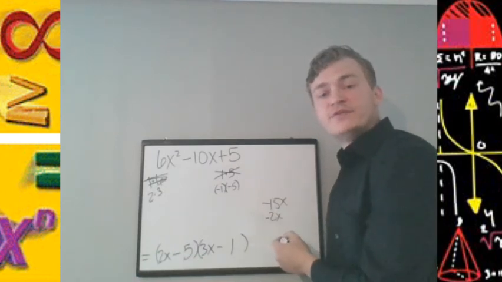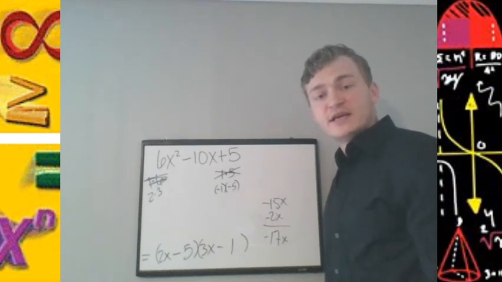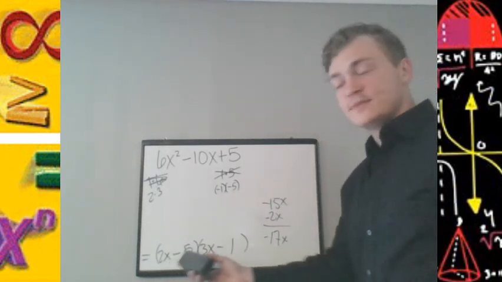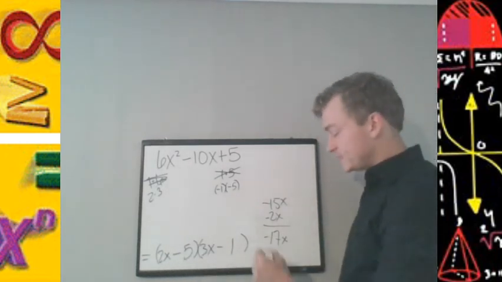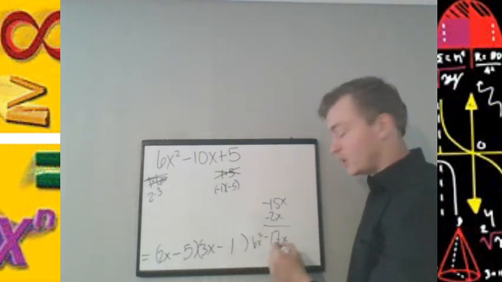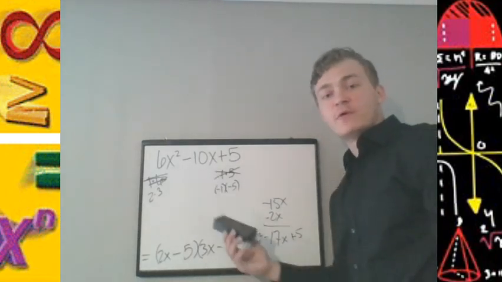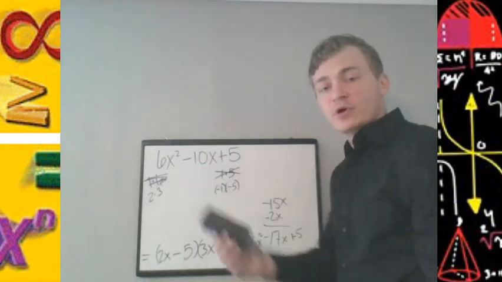Negative 15 and negative 2 combine to give us negative 17x. So once more, this binomial product represents 6x squared minus 17x plus 5. However, that is not minus 10x. Therefore, this is not the correct factorization for our original trinomial.